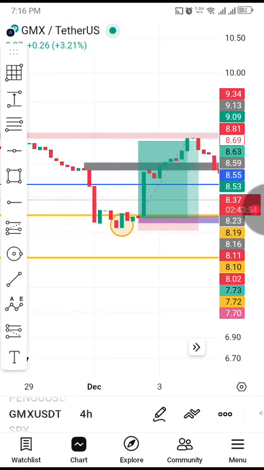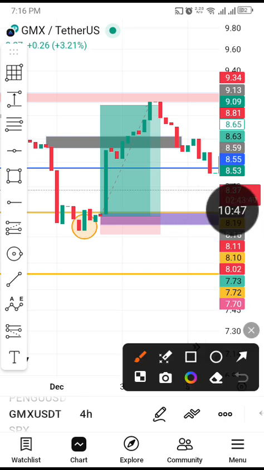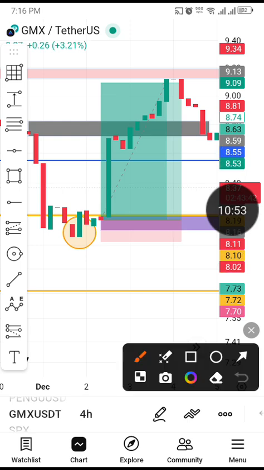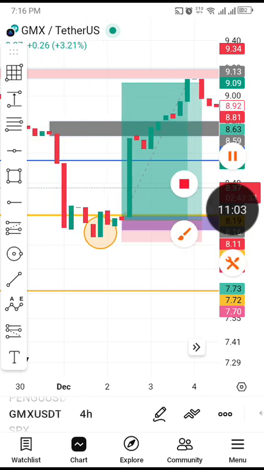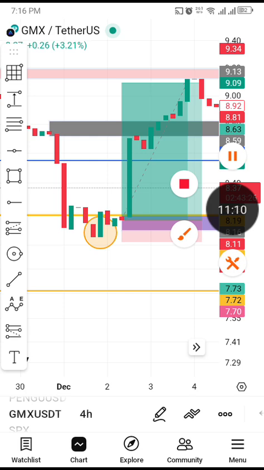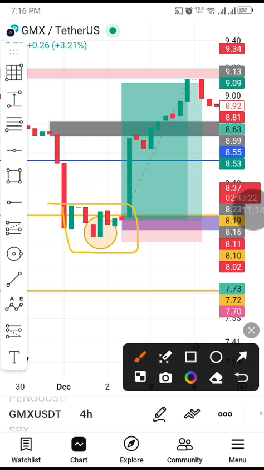Let me show you another one. Have you seen here? Here was this one. I entered from that zone, and my stop loss was under here. So I have taken these profits up to this zone. But you can see there is also a bullish engulfing pattern that was showing me that something is going to happen, because there was some kind of consolidation.